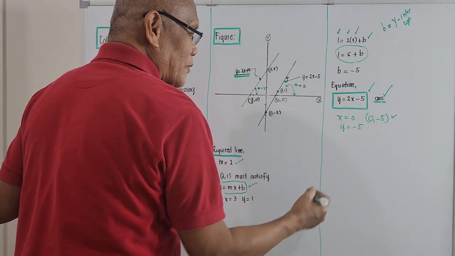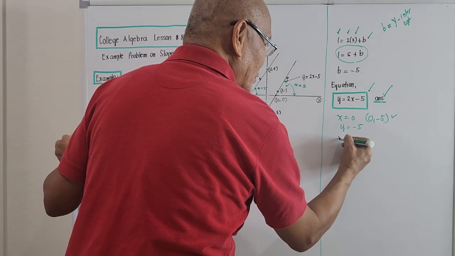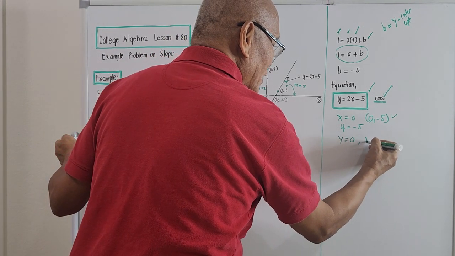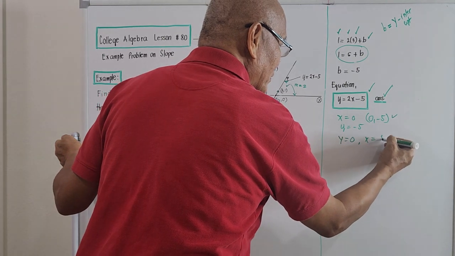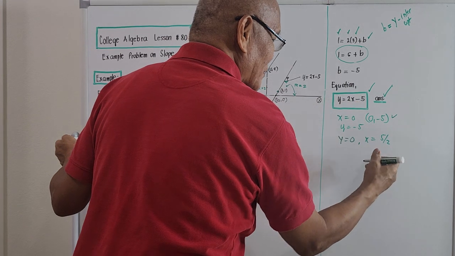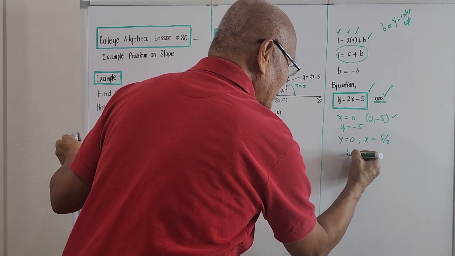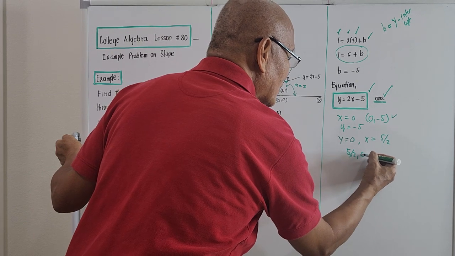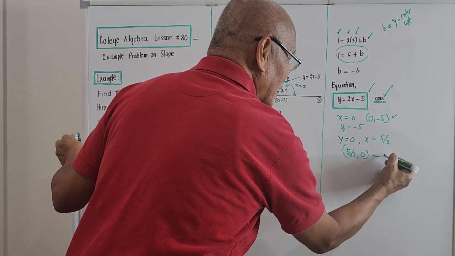And if we reverse the operation, when y is equal to 0, x will be equal to 5 halves. If we put this to be 0, x will be 5 halves. So at the location (5/2, 0), that will be the x-intercept.